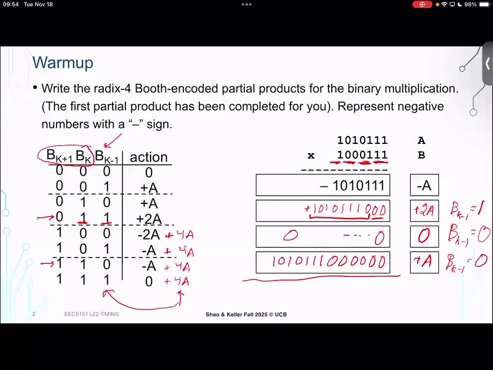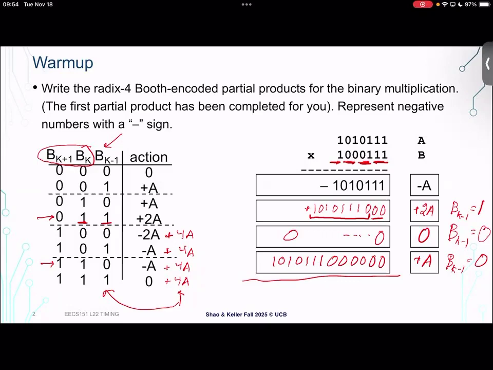Okay, any other questions about this example of how to do Booth encoding? Yeah, one more in the back. Yeah, so in practice, you can represent this as 2's complement, and then just do the addition. There's multiple ways that you can implement the partial product summation when you have to deal with negative numbers.